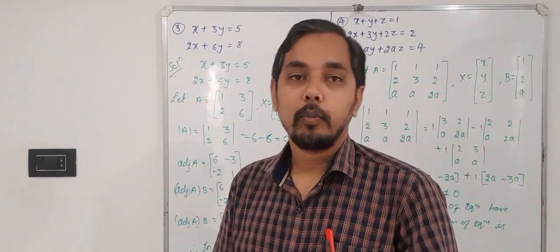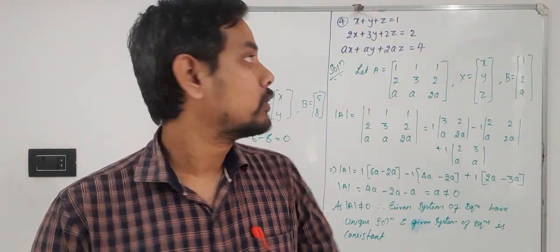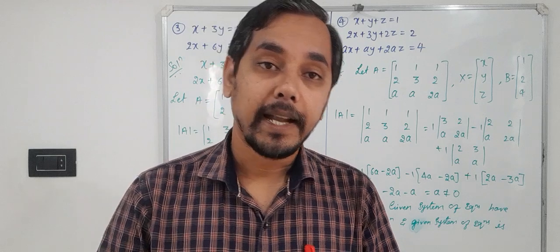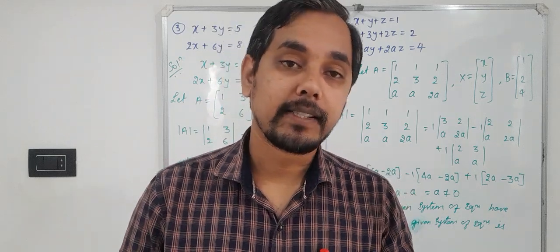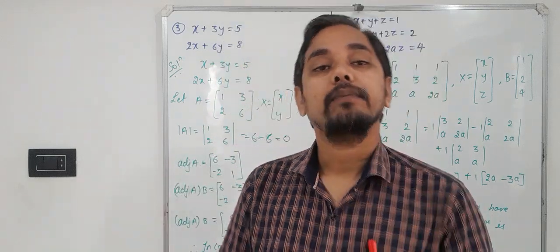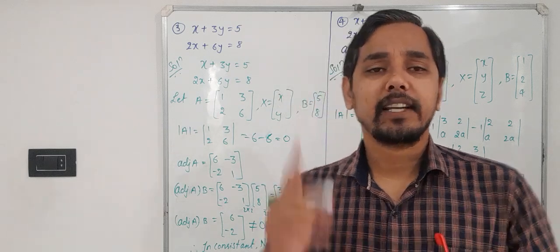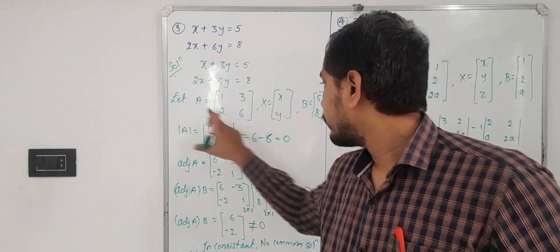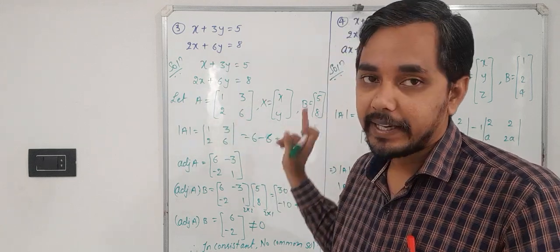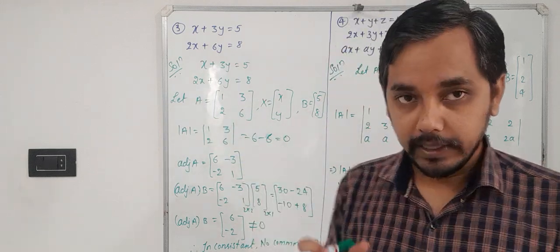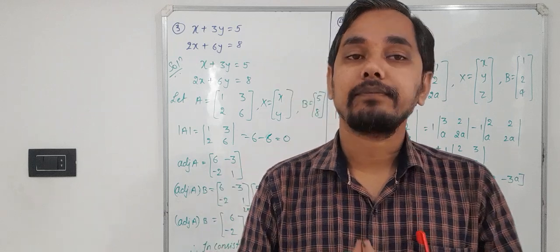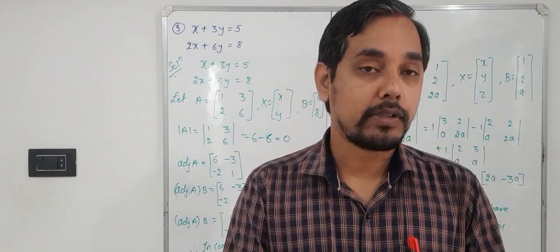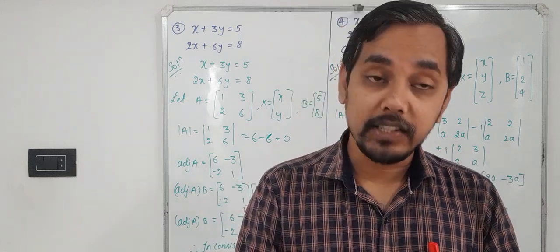Okay friends, I hope you have understood these problems, right? So we have solved the first 4 problems and the remaining 2 problems, that is 5th and 6th, are also of the same kind. So you have to find the consistency. Always keep in mind, first form the matrix A, matrix X and matrix B, then find out the value of determinant A. If determinant A is not equal to 0, directly write it as a consistent system.